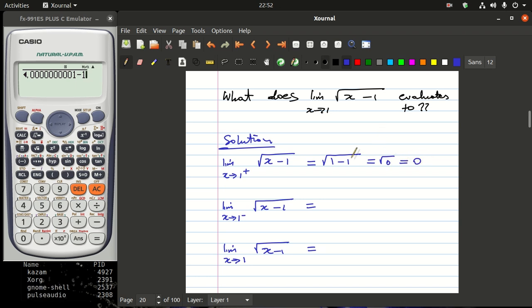I'm going to repeat it again here. When I'm picking a value on the right of 1, that value is going to be bigger than 1, which means I can subtract 1 from it and be left with something positive inside the root. If I have something positive inside the root, I can take the square root.